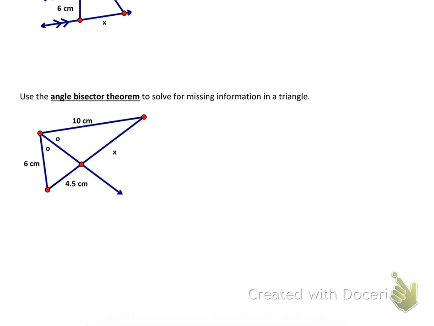So here's the angle being bisected up in the top left. It is cutting this opposite side proportionally to these adjacent sides. So the 6 and the 10, 6 is shorter than the 10. And notice right here when it cuts this opposite side, this 4.5 is shorter than the x. And it's shorter proportionally.